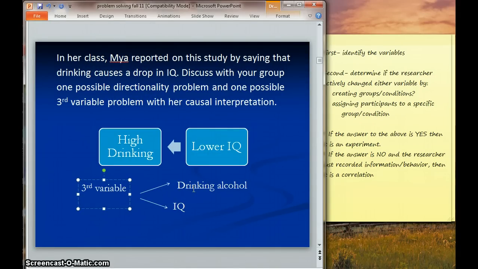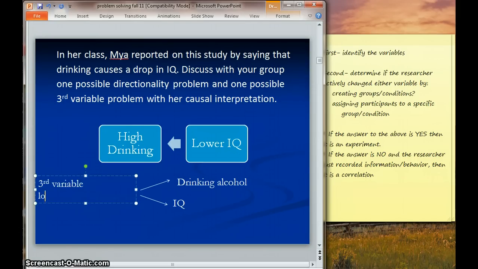Answers that people have come up with could be parents who have lower education, or along the same lines, maybe you have an alcoholic parent. If a parent has alcoholic tendencies, they're probably going to produce children with lower IQ and children who also drink a lot of alcohol. There are other third variables out there. Again, remember the key for third variables is that it's something that causes a change in both of those. Okay, let's go ahead and move on.